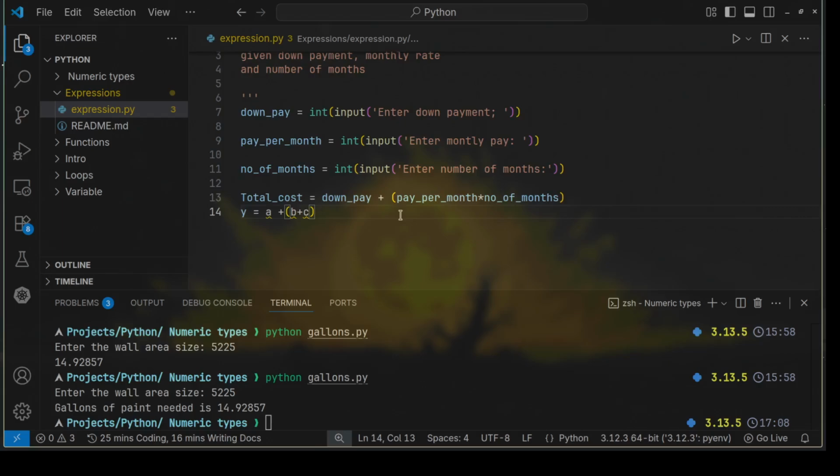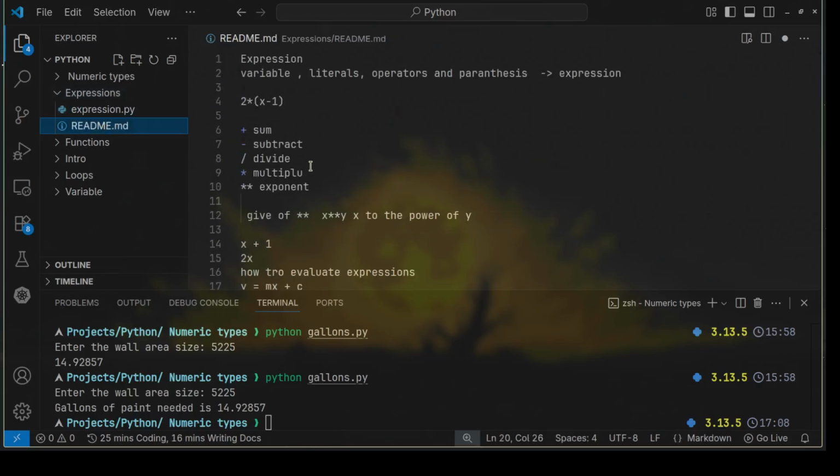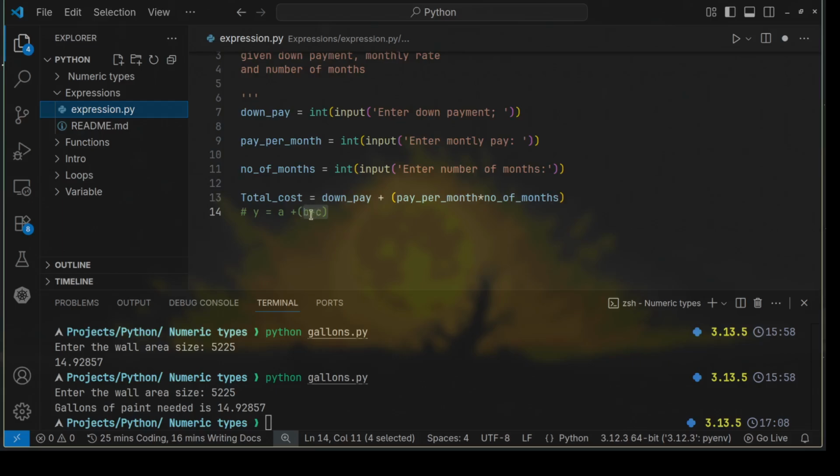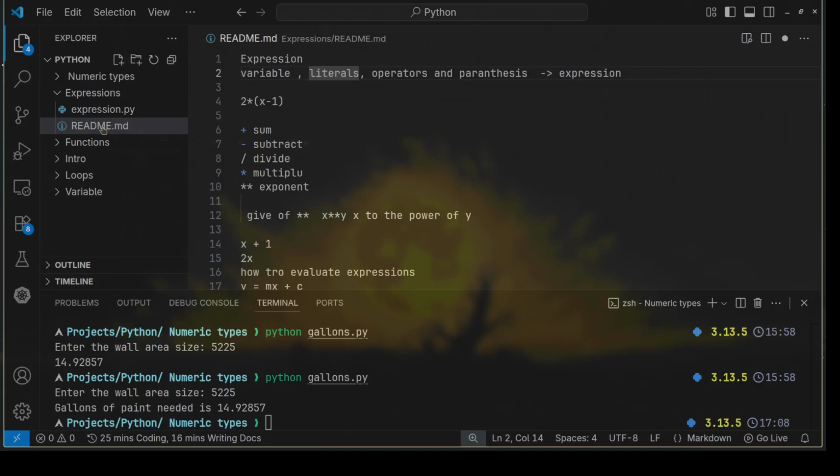Okay, this is just an example. When writing our rules for an expression, it should have parentheses, which we have in our small sample here, and it will have a literal, which is a number.